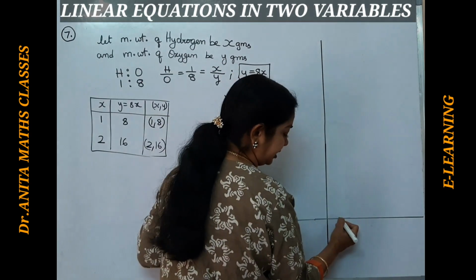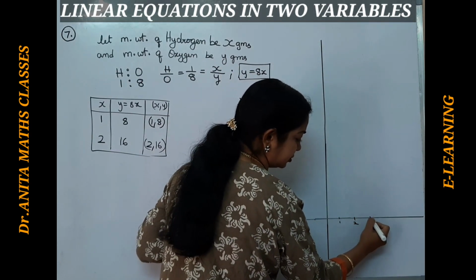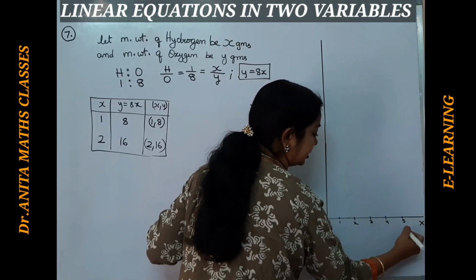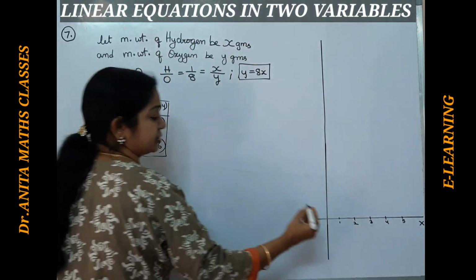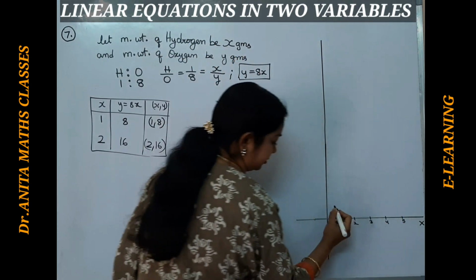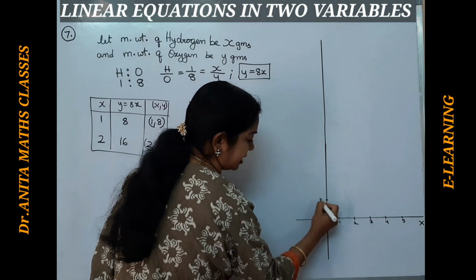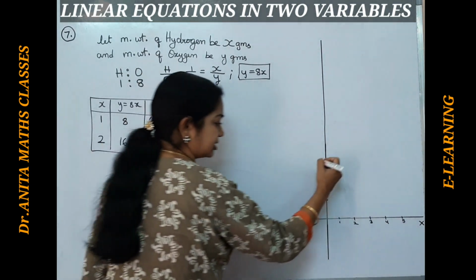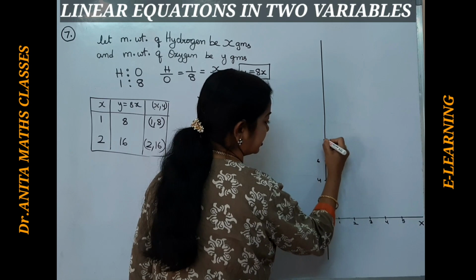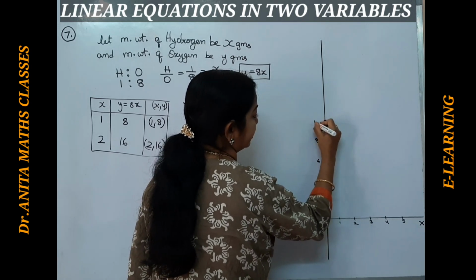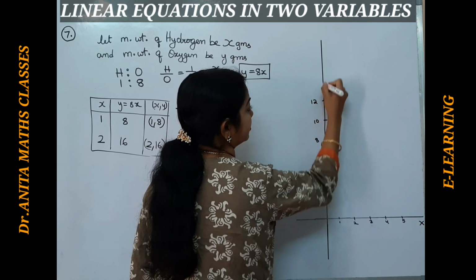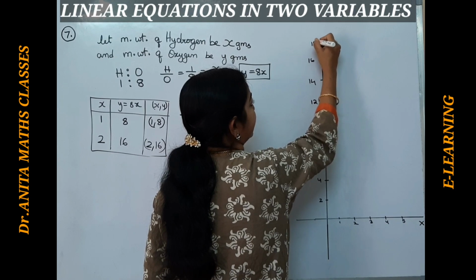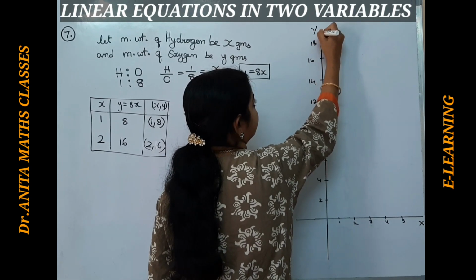If you see, the y coordinates are 8 and 16, and the x coordinates are 1 and 2. So on the x-axis, which is our hydrogen, we will take 1, 2, 3, 4, 5. On the y-axis, I'll take 2, 4, 6, 8, 10, 12, 14, 16, 18, because the quantities are 8 and 16.